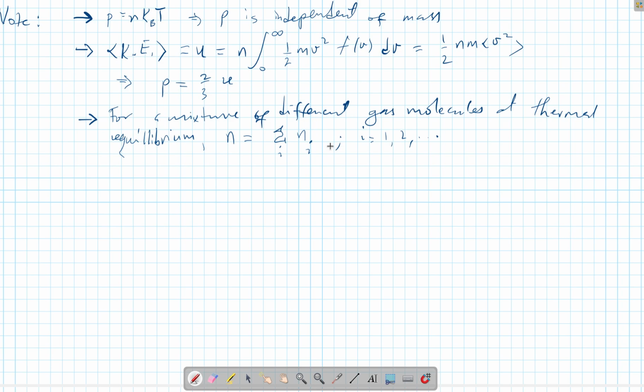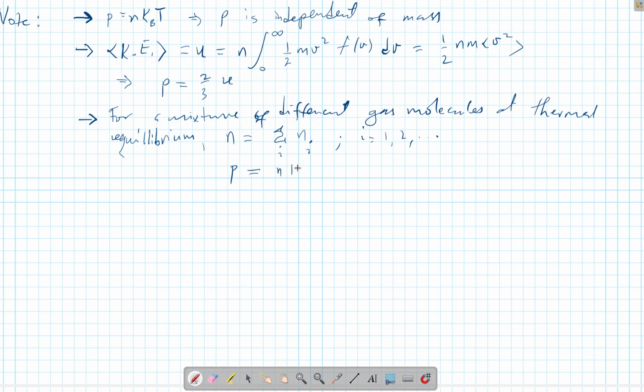It could be 2, it could be 3, whatever. From these individual number densities, you can compute the total number density and use that to compute the pressure of the mixture of gas.